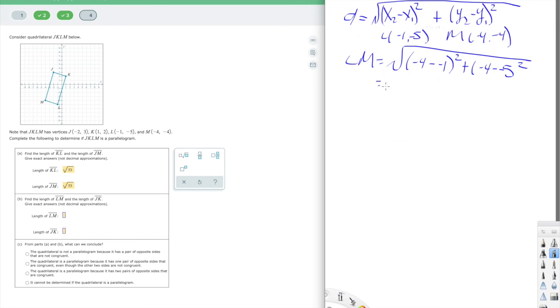So now this is going to turn into a plus, this is going to turn into a plus, and we have -3 squared plus 1 squared. So just simplifying there, and then I get 9 plus 1, which is 10.